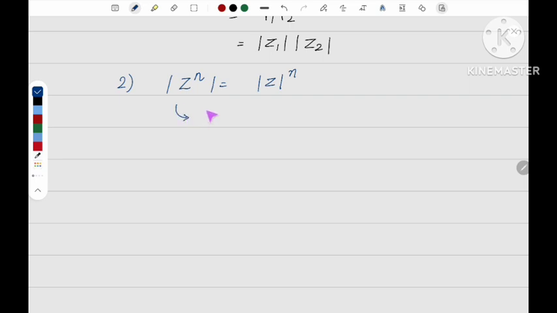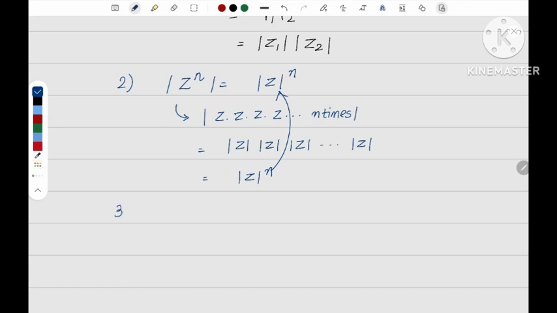Because I can distribute this into z into z into z into z n times, and this is nothing but multiplication of the respective mod z, mod z, mod z, mod z n times by the first property, right? This is where the first property has been applied, and this is nothing but mod z to the power n. So this is the second property.